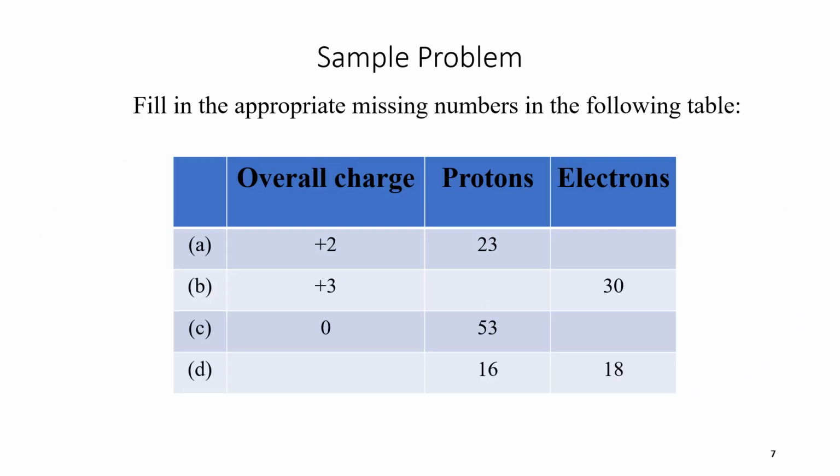And lastly, you have a table where you have an overall charge, you have protons, and then you are asked to figure out electrons or protons or the charge. So we can figure that out exactly by knowing whether the charge is positive or negative, how much. That's going to tell us how many more protons are to electrons or electrons to protons. If I don't have a charge, that means that protons and electrons are equal. So give it a try.